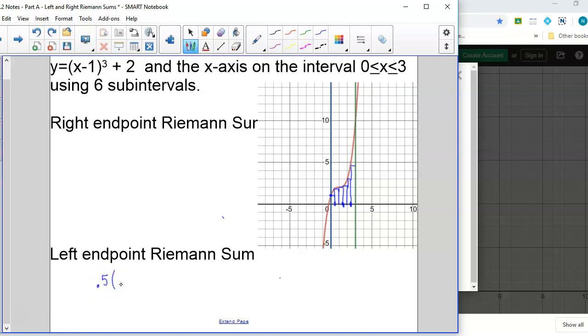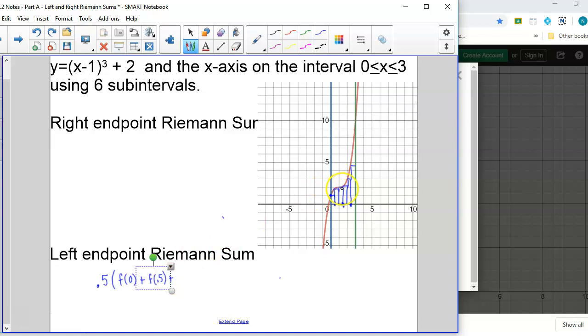If this was a function f here, then for the height of that first rectangle, I would need f of 0, because that point right there would be f of 0. And then the height of the second rectangle would be f of 0.5.